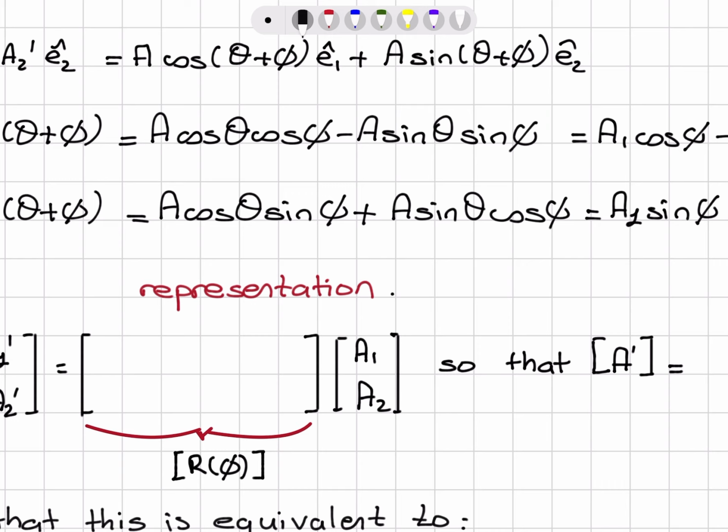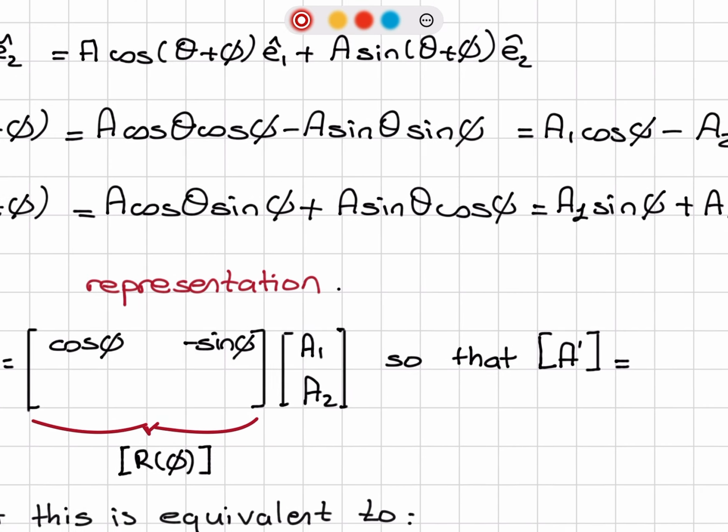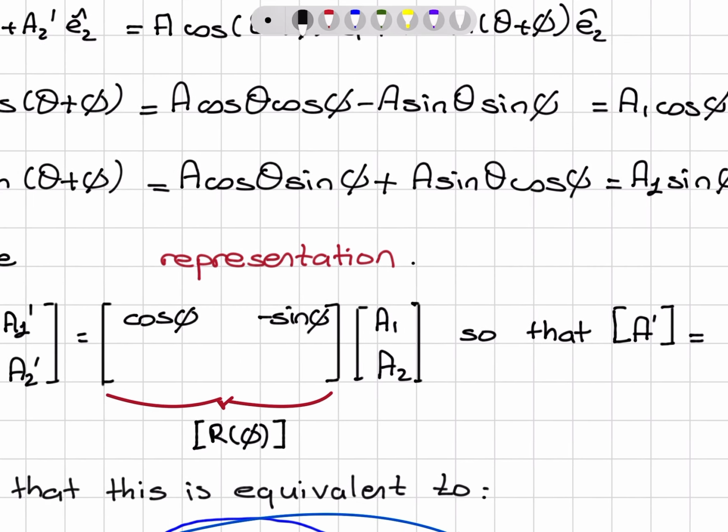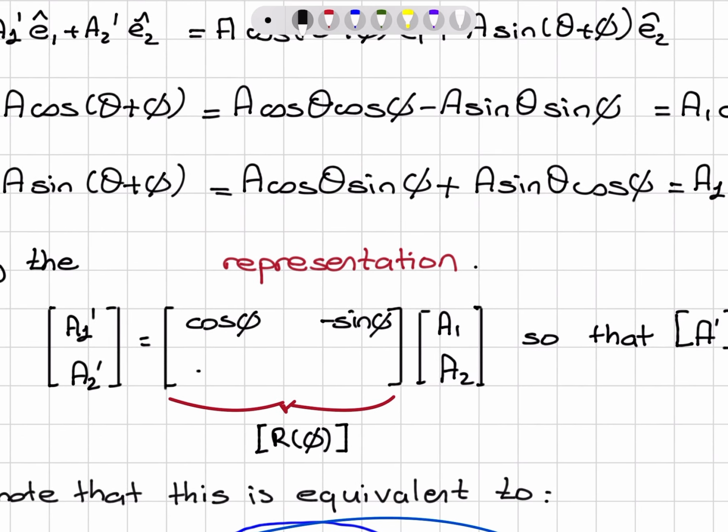So here I need to have cosine phi as the first element and minus sine phi as the second element. And for A2 prime here, I have A1 sine phi plus A2 cosine phi. So here I need sine phi and cosine phi.